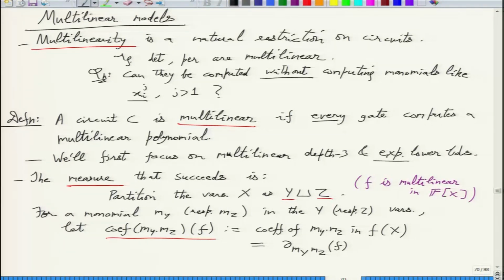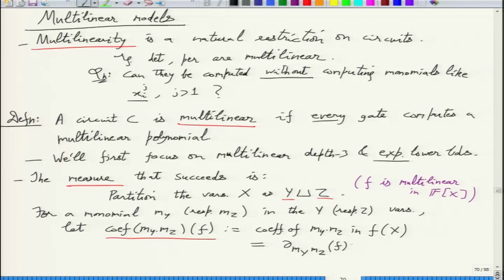Yeah, so the problem with this derivative is, if you look at the polynomial y times z square, let's say y and z are just single variables. So if you look at yz square and you differentiate by y, differentiate by yz, then you will get 2z, right? But that is not a coefficient.